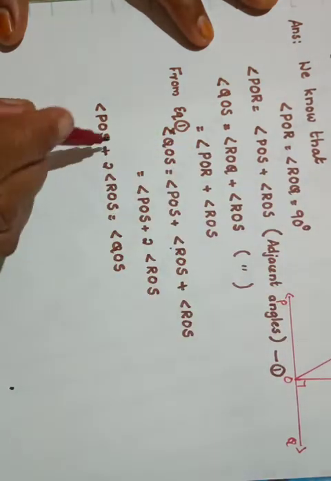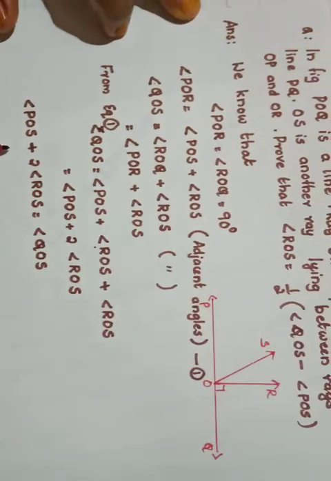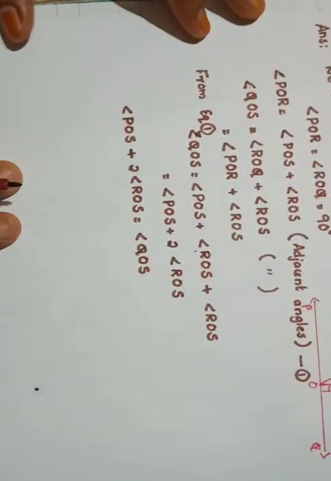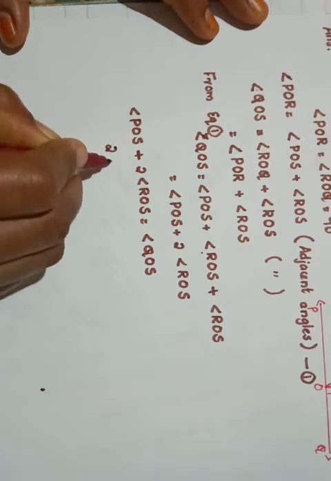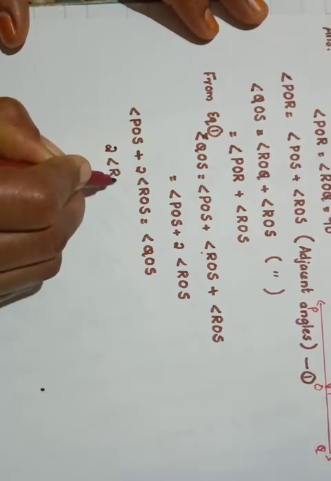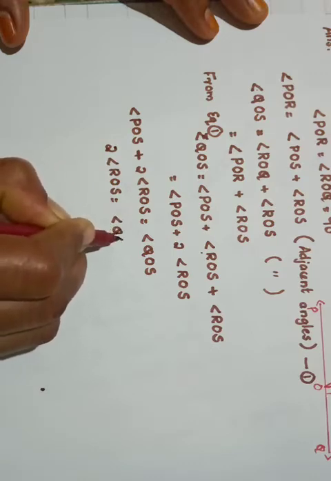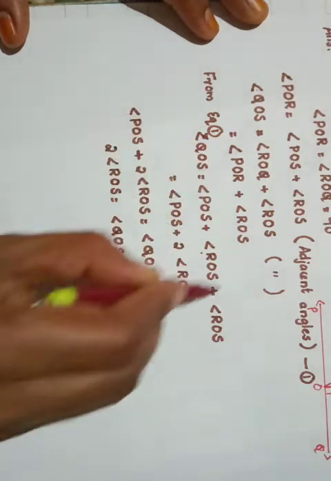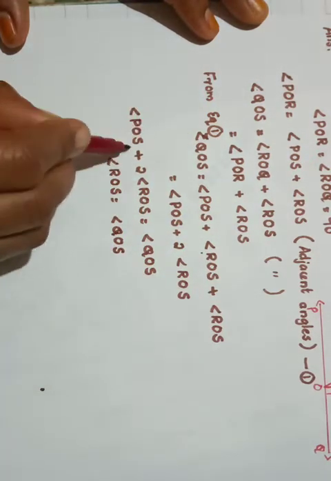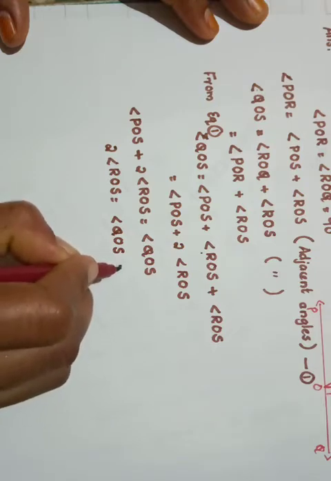And see again what we need to prove. In the question we need ROS on the left side. So we keep ROS on the left side. So 2 times angle ROS equals angle QOS, and transposing this term to the other side, when you transpose, it becomes subtraction.